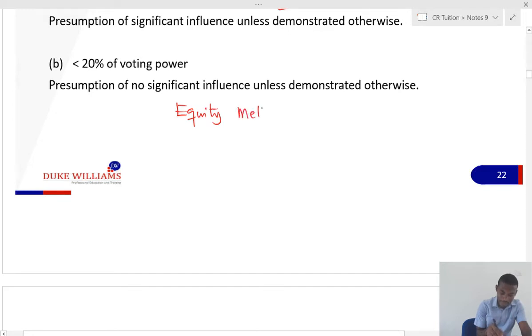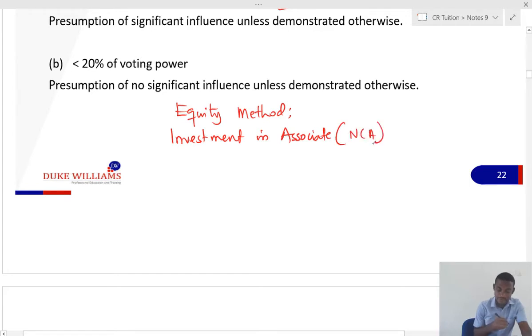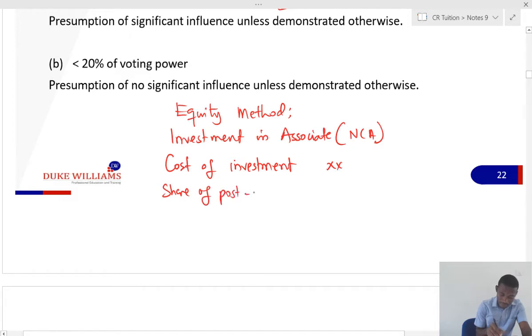The equity method under IAS 28 is to show the investment in associate, and the investment in associate is shown as a non-current asset, and it is the cost of investment plus or minus share of post-acquisition profit or losses.